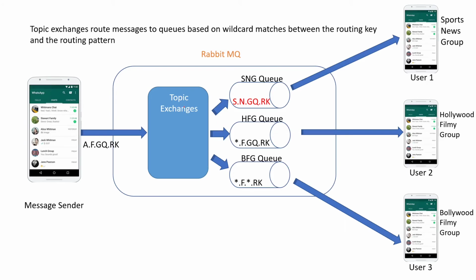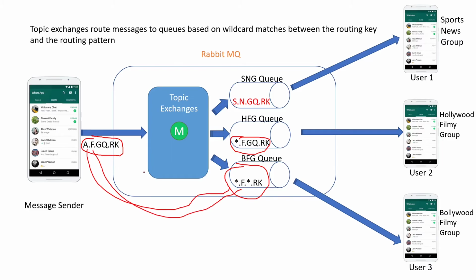Okay, so we have to make a few small changes for the topic exchange. As I explained earlier, topic exchange completely depends on the routing key and its patterns. So I'll quickly explain. When you send the routing key, if you give star, A matches with star, fine. F matches with star, fine. And GQ matches with star, fine.